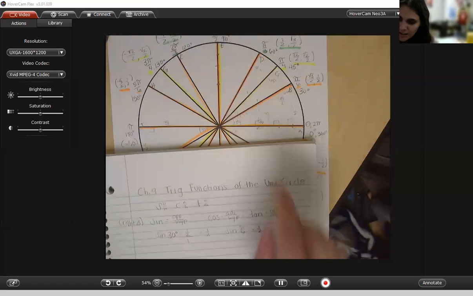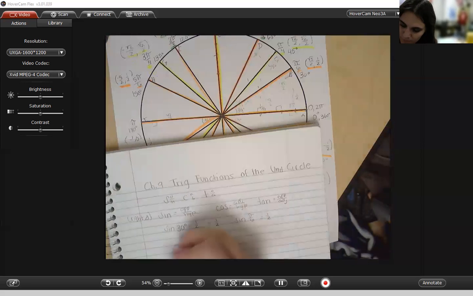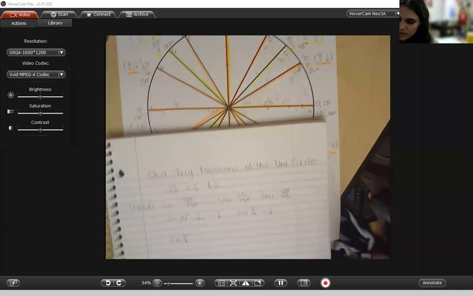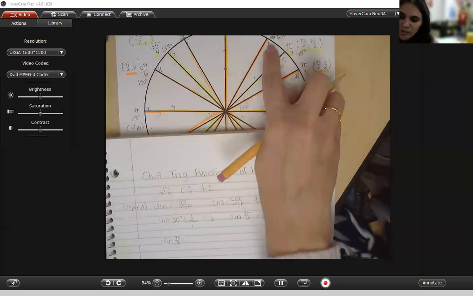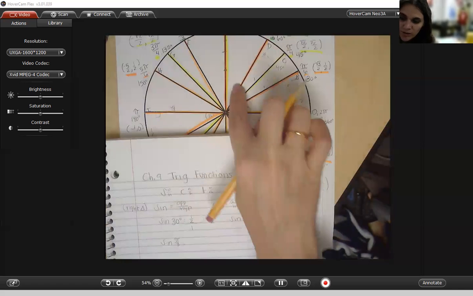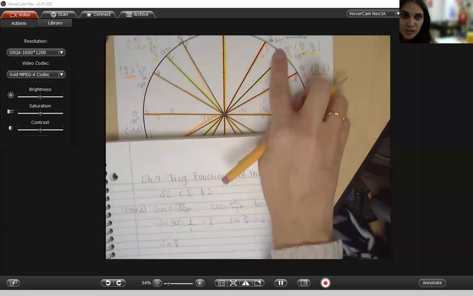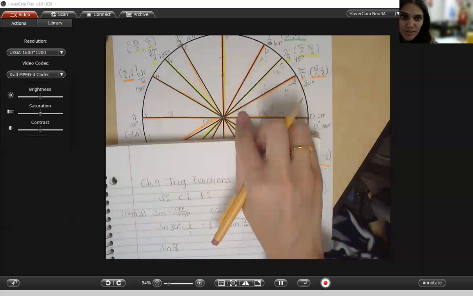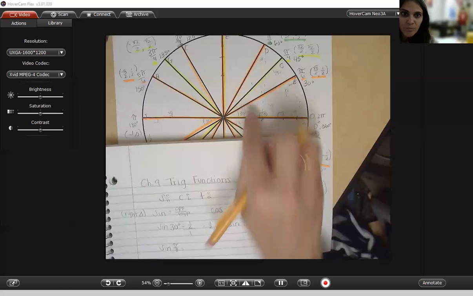Let's say I did the sine of pi over 3. What would that be? If I'm looking here, pi over 3 is going to be right here. It's the same thing as 60 degrees. So if I'm looking at this angle, 60 degrees, I want the opposite over the hypotenuse.